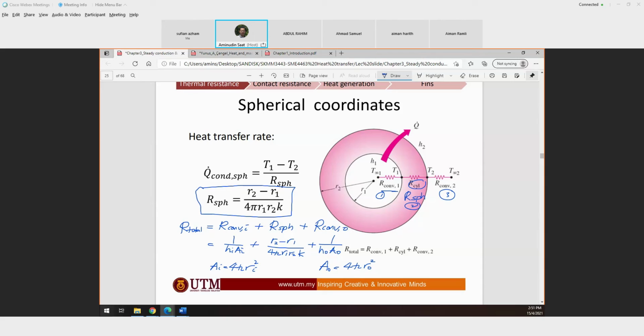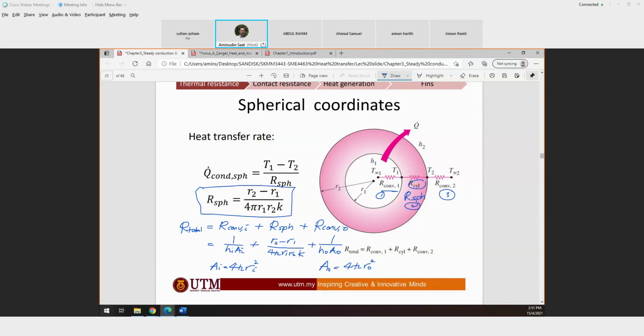I don't know whether you have seen examples of the resistance, but if you look at the examples for the case of spherical and cylindrical, most of the cases we will find the series arrangement. It's quite difficult to find the parallel arrangement, so there is a limited parallel resistance arrangement for cylindrical and spherical.